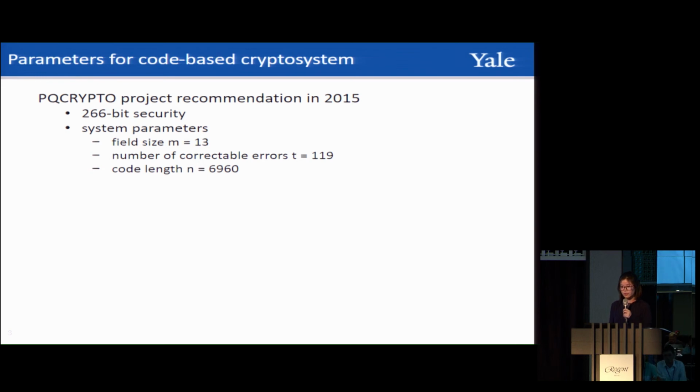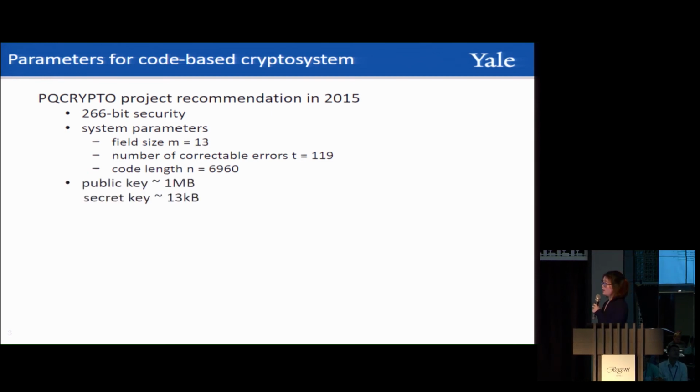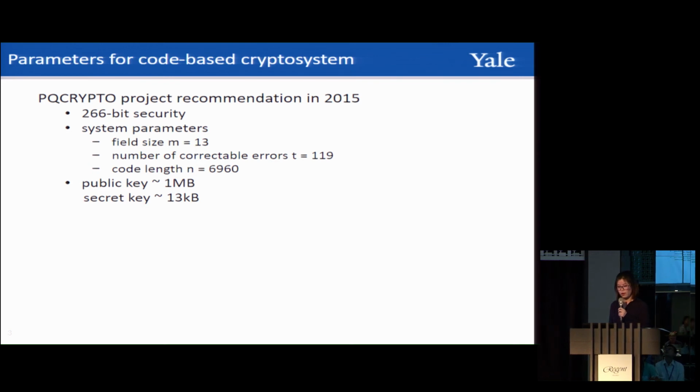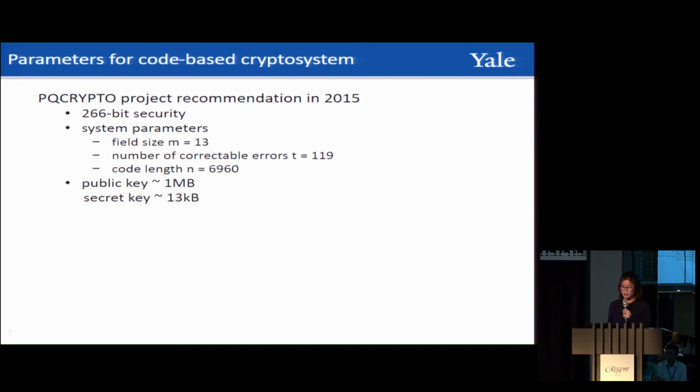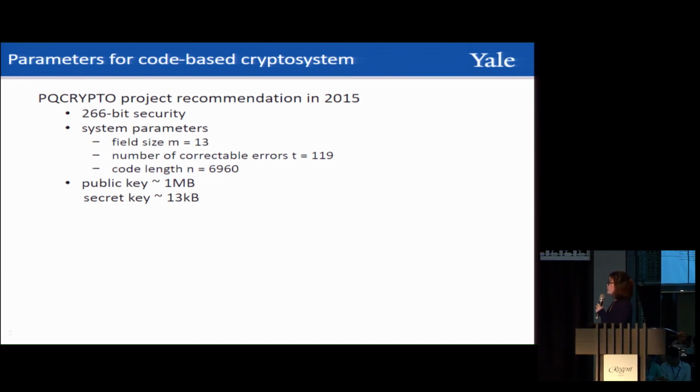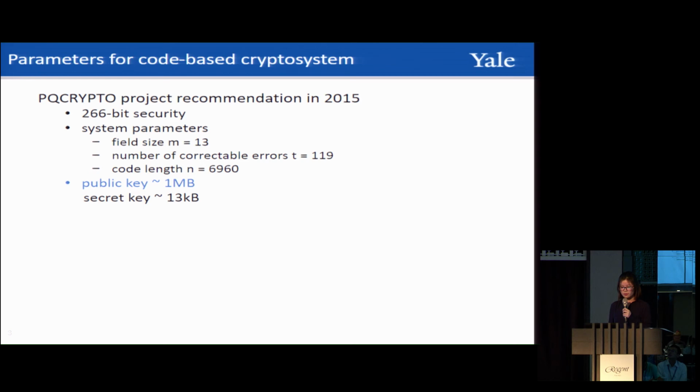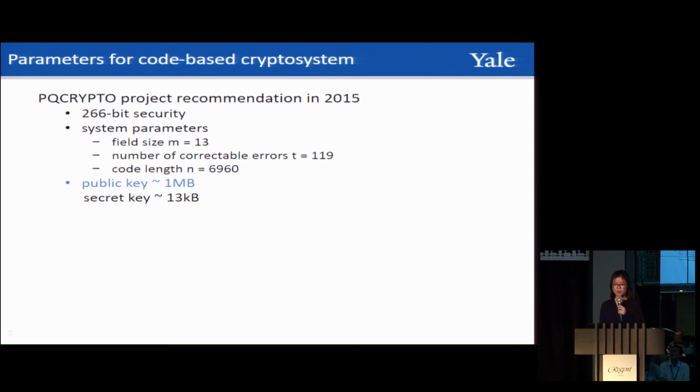Then there's the code length, which is 6,960. This set of parameters corresponds to a 1 megabyte public key, which is the main reason these parameters were proposed, and a secret key of around 13 kilobytes. As you can see, 1 megabyte is pretty large for hardware. Therefore, implementing efficient key-generating hardware is a challenging topic.